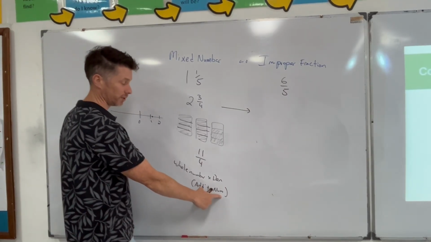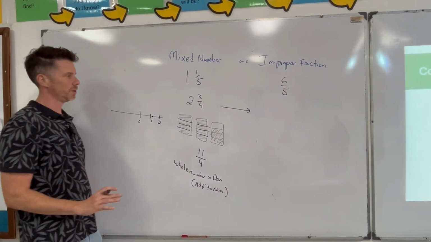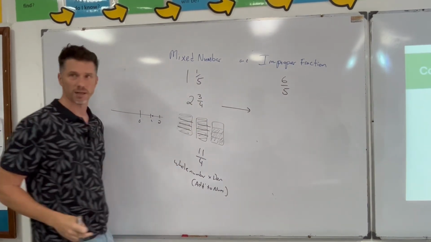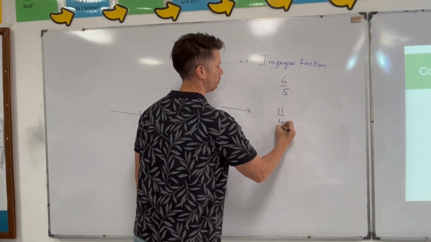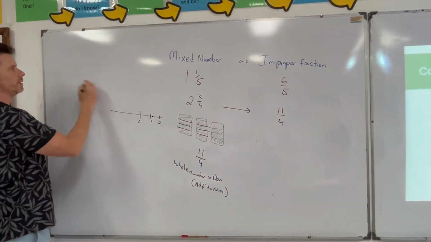NUM for numerator, the top of the fraction, DEN for denominator, if you're not sure how to do it. So what I did was 2 times 4 gives 8, added to the 3, I get 11. So this one converted is 11/4.